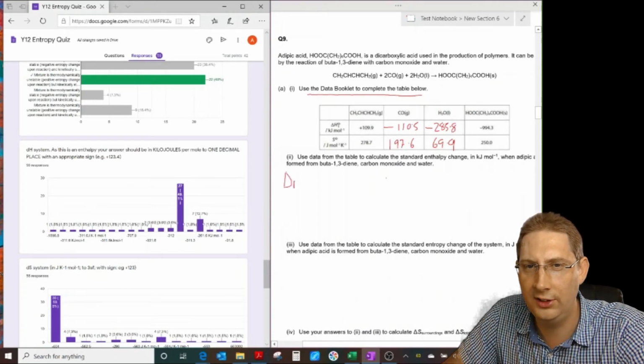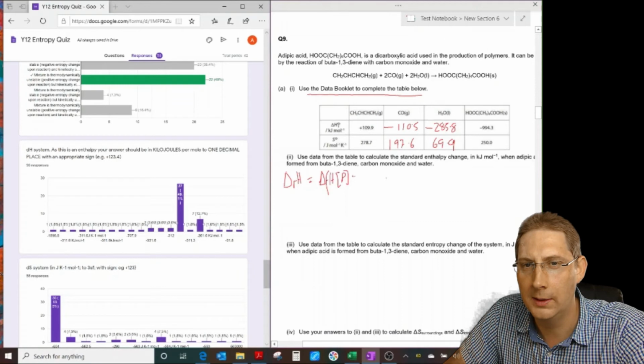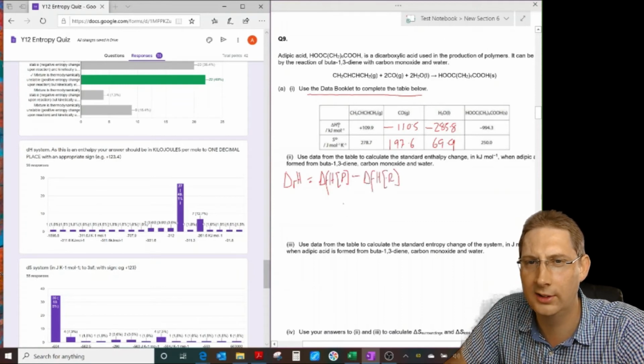So delta RH is the enthalpy change of formation of the products minus the enthalpy change of formation of the reactants.